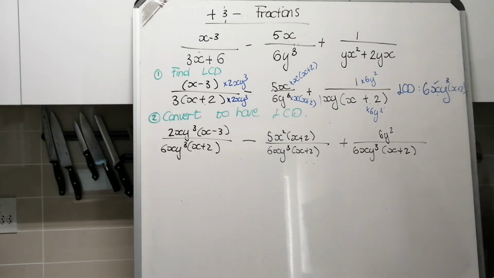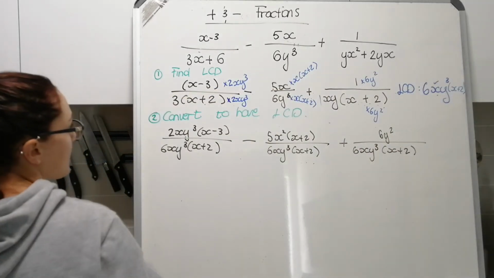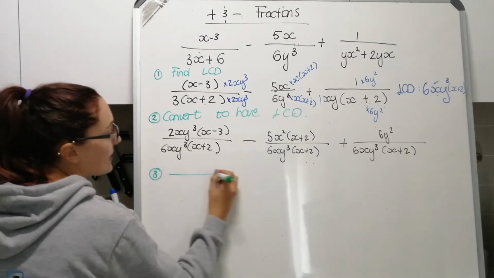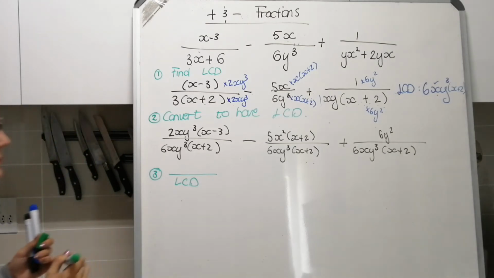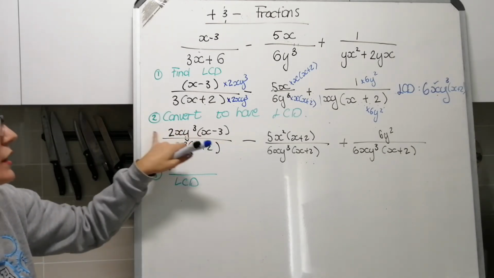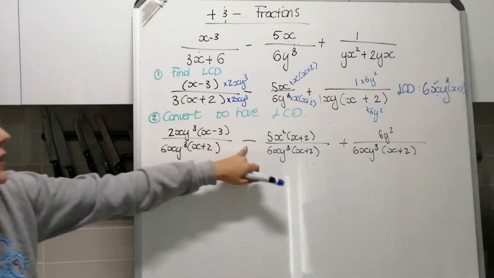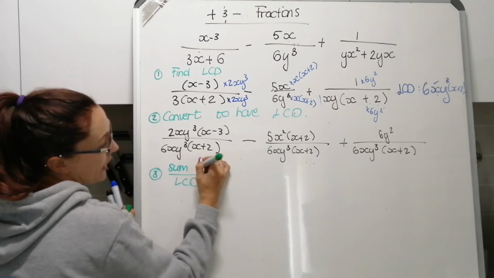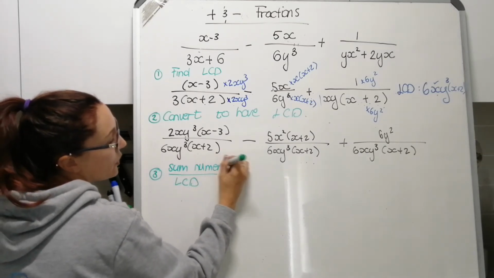Okay, now, as we would do with normal fractions, we would now write our answer with the LCD as the denominator, and at the top, our numerator, we would write down the sum or difference of, depending if it's minus or plus, our numerators. So we would sum the numerators at the top, and at the bottom goes our LCD.